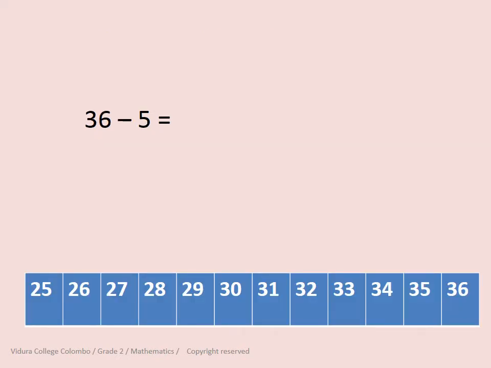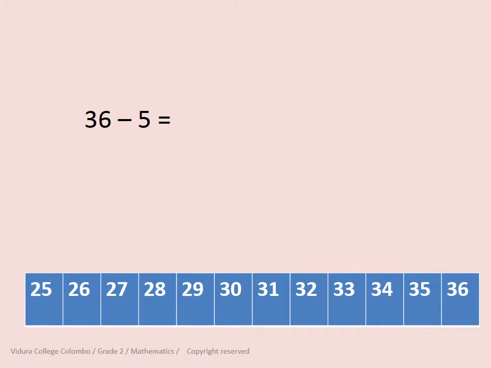Now let's do this sum. 36 minus 5. What is the answer? Let's use the number line to find the answer. 36 minus 5. So we have to take away 5 from 36. How many times do we need to jump backward? Yes, we need to jump 5 times backward on the number line.